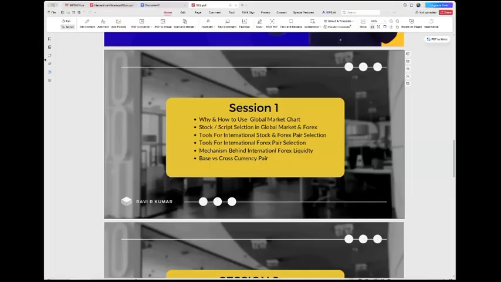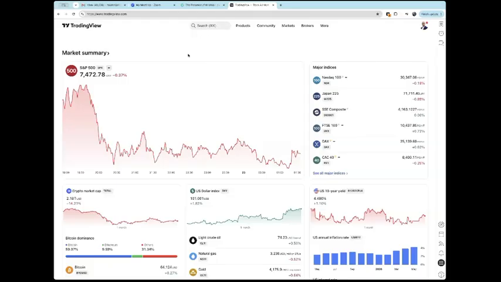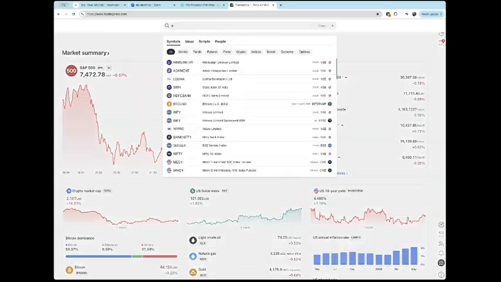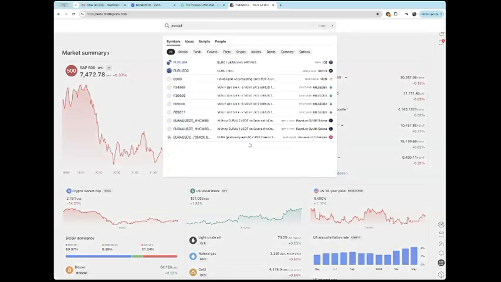If sometimes I'm taking class in the morning, for example, this is your tradingview.com. In tradingview.com, right now I have to trade into a script like Euro AUD.